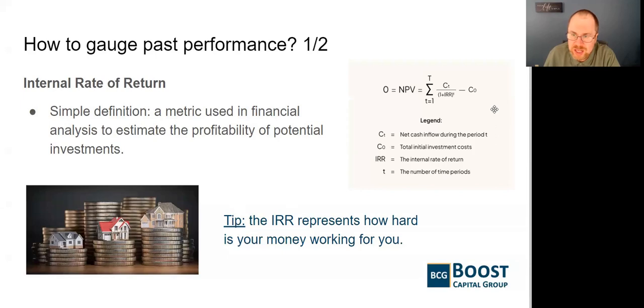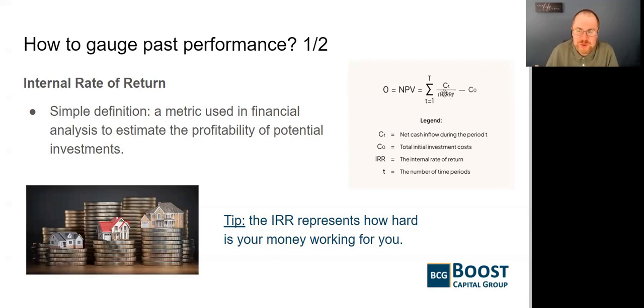I have provided on the right of the screen the formula, which is relatively complex, but involves the net cash flow during the period of holding the asset, as well as the initial purchase price. And as you can see here, the IRR is going to be a factor part of that equation.